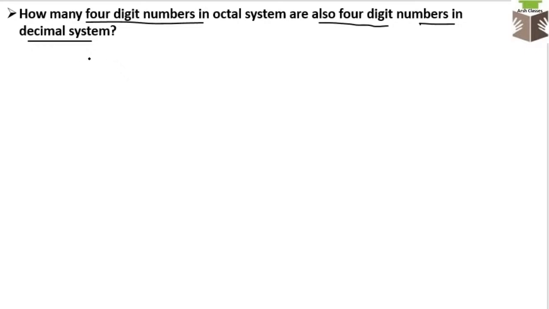So the smallest 4-digit number in octal is 1000 in base 8, and the largest is 7777 in base 8. The smallest is 8 cubed, which becomes 512.